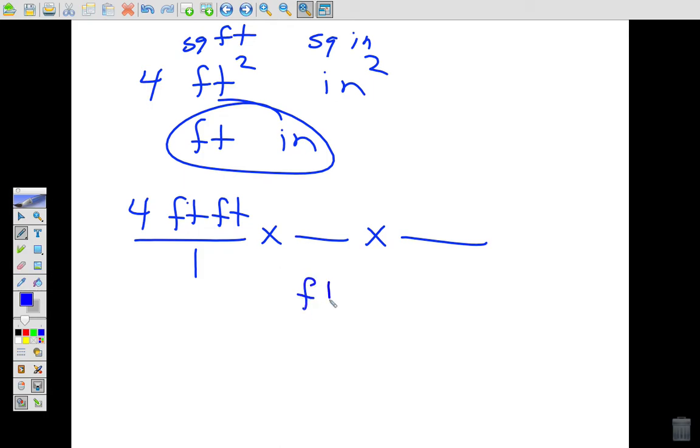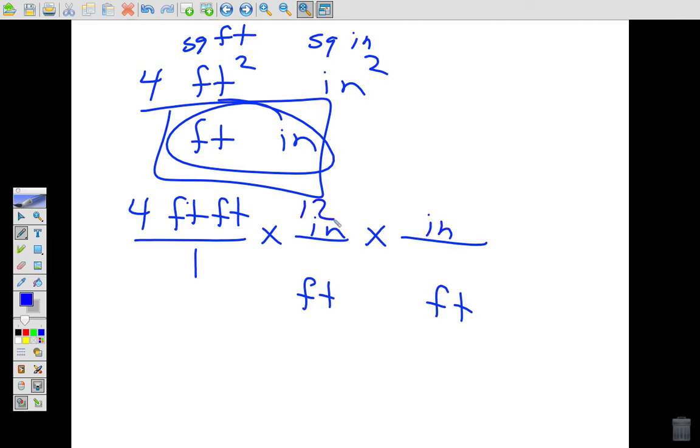So I have 1 of the feet in the top, the other goes in the bottom, another one in the top, the other one goes in the bottom. So I use this 1 unit multiplier twice because it's area, it's square feet. So we're going feet to inches. Inches is in the top. I know there's 12 inches in a foot. 1 pair cancels out.